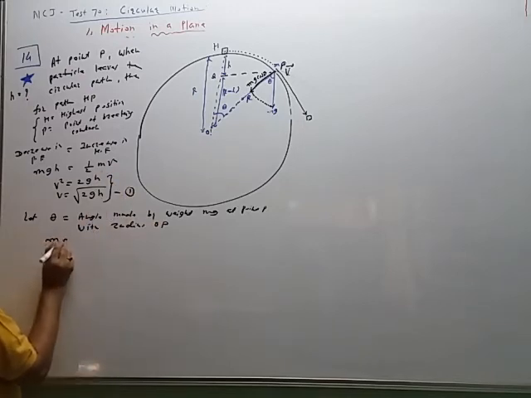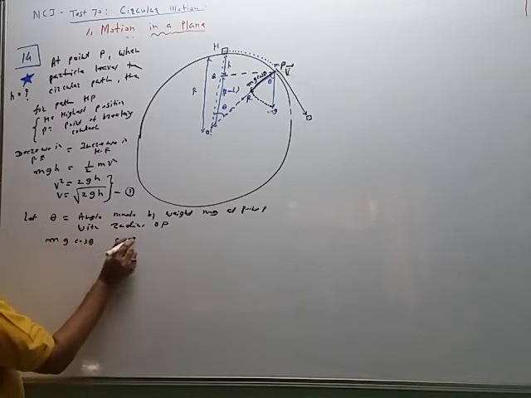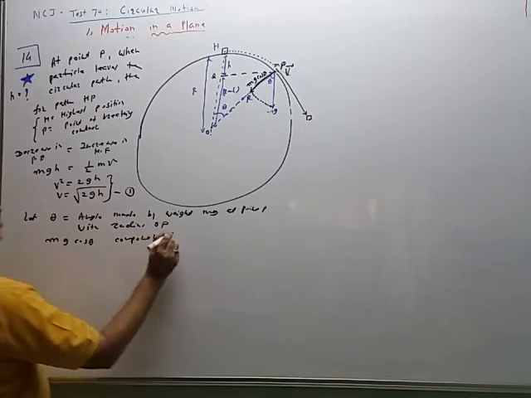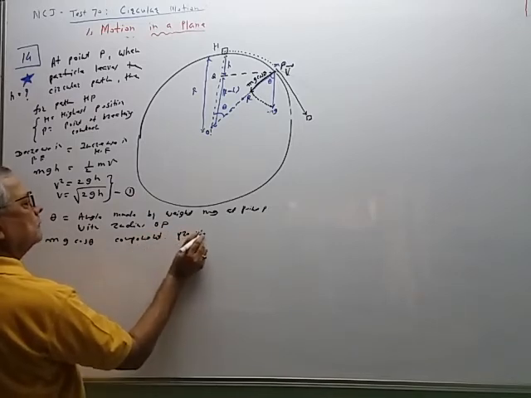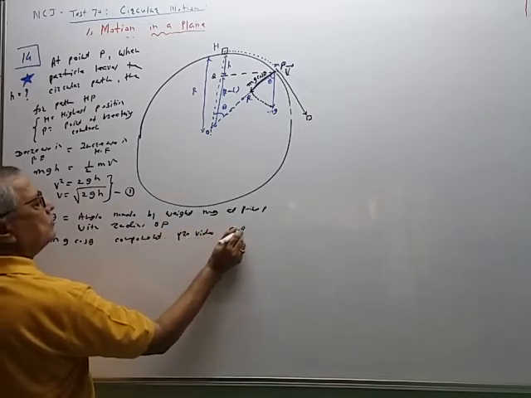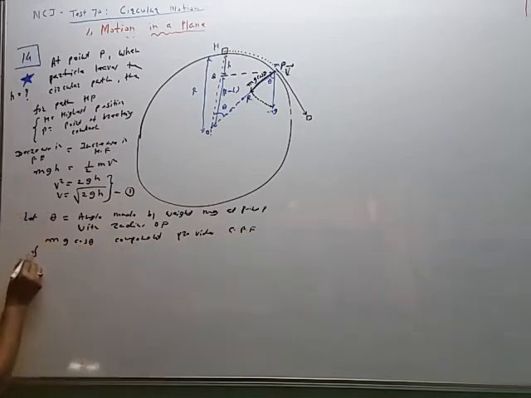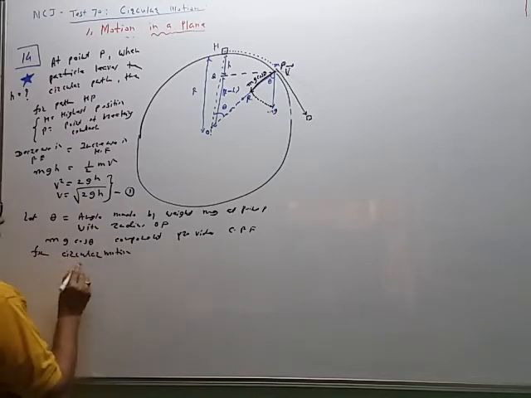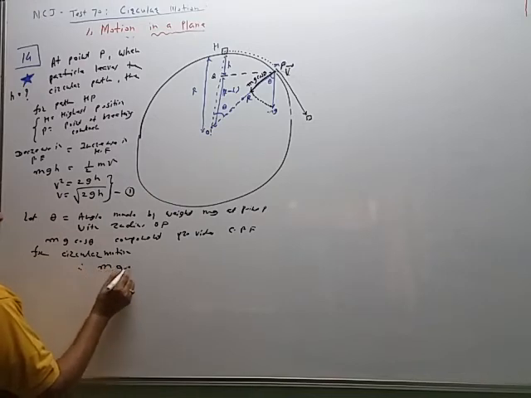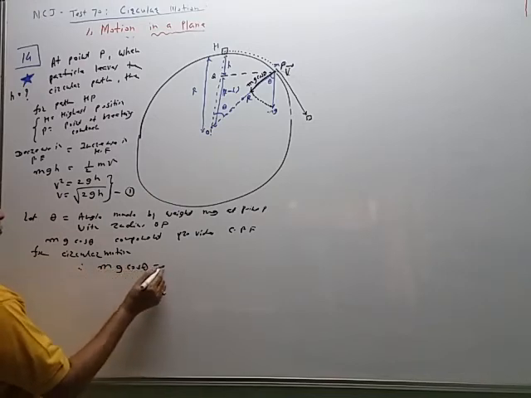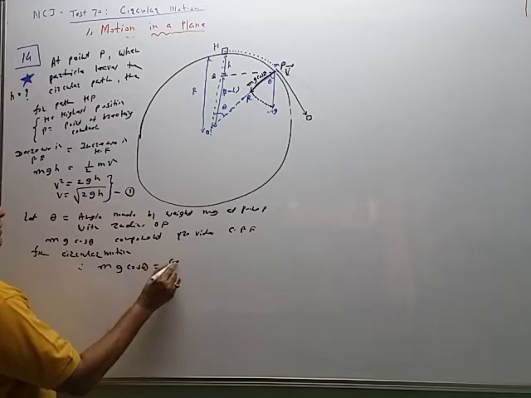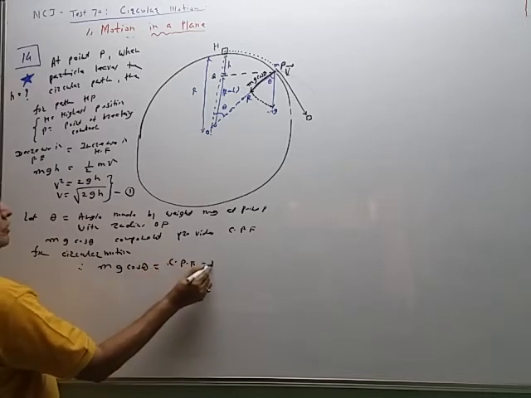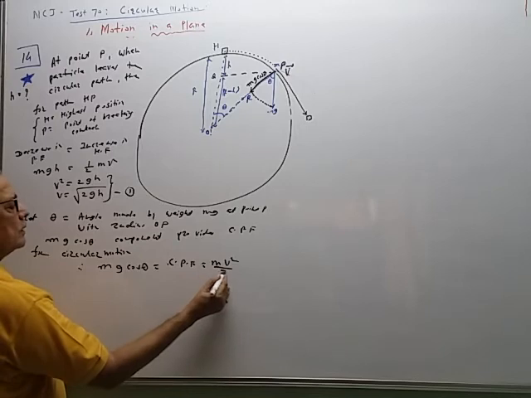Therefore, the mg cos theta component provides the centripetal force for circular motion. Therefore, mg cos theta is equal to centripetal force, which is equal to mv square upon R.